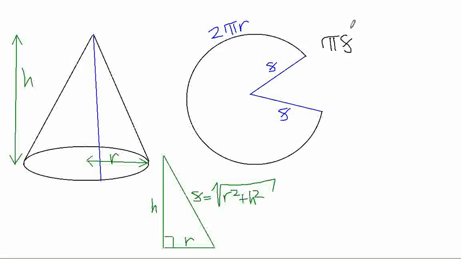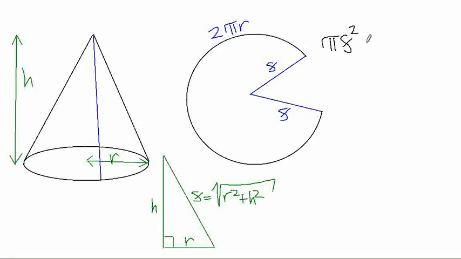That would be pi s squared. But now, to find the correct area, we're going to have to subtract the area of that little missing pizza slice shaped piece.